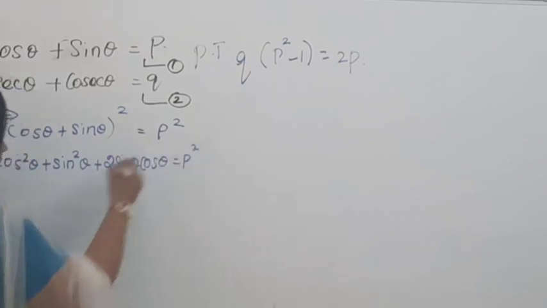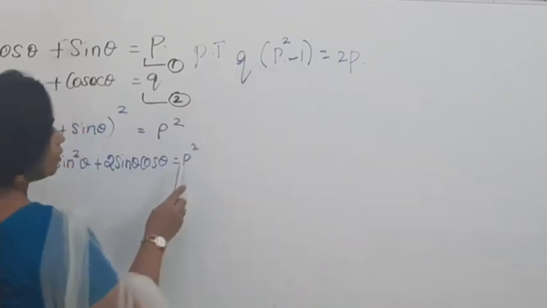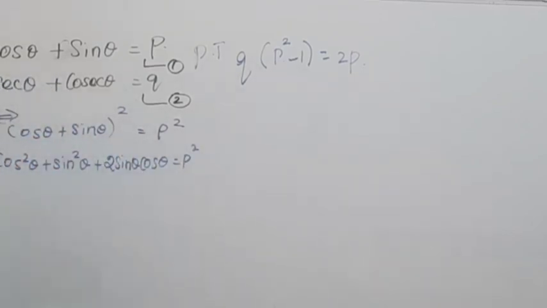is equal to P square. Now children, I told you in the previous question, it is not given sin theta plus cos theta equal to P. It is given cos theta plus sin theta is equal to P. So we cannot substitute cos square theta plus sin square theta is equal to 1, no? But you just look at it, you should have P square minus 1. That 1 should come to the other side, it will become minus 1.